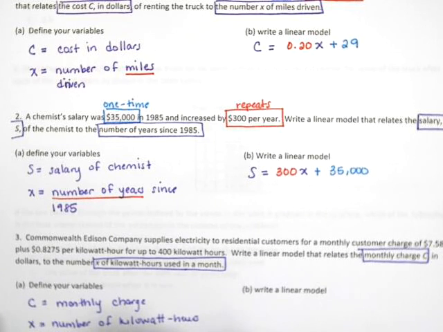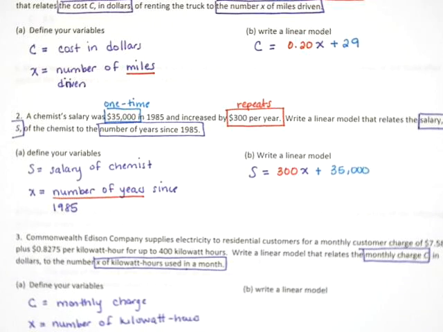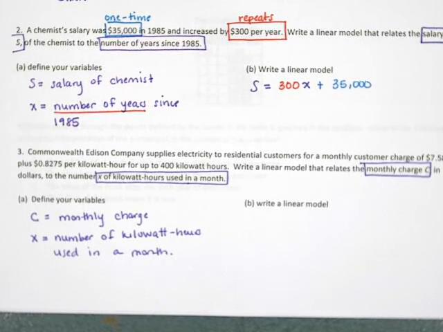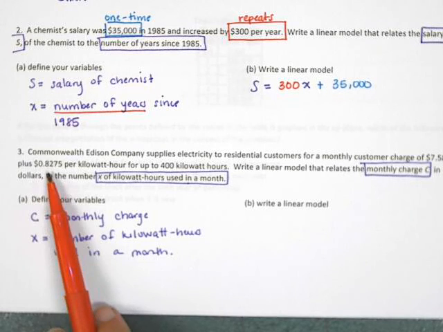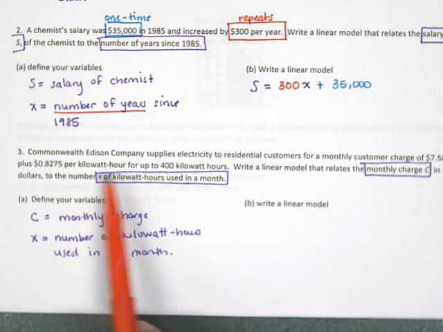in a month. So when we're talking about things that occur one time versus things that occur over and over again, we're saying within this month. So within this month, I'm going to pay this amount once, and I'm going to pay a different amount over and over again within the month. So if we go back to the beginning of the problem, it says we charge $7.58 plus 0.8275 per kilowatt hour.